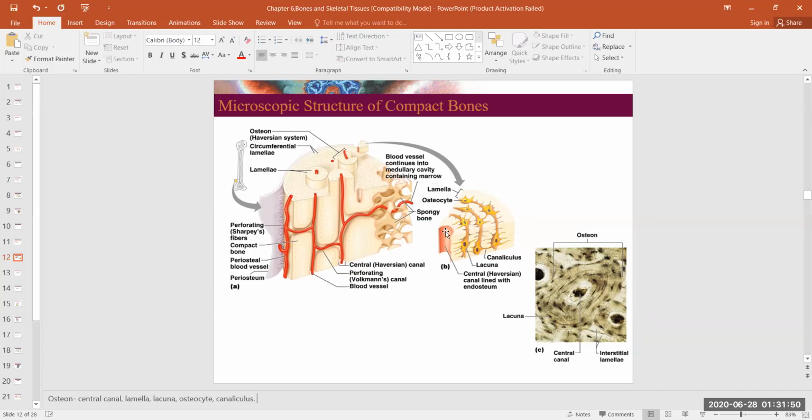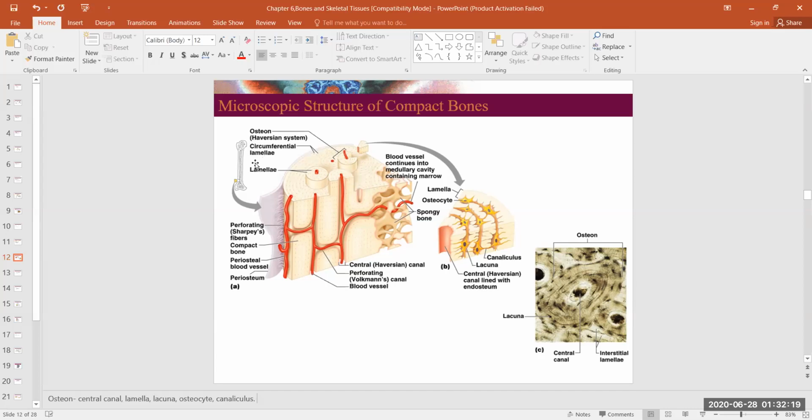But when they mature, they are trapped inside their own matrix, and we call them osteocytes. Okay. Like the medullary cavity was lined with endosteum, the central canal also is lined with endosteum. Okay.